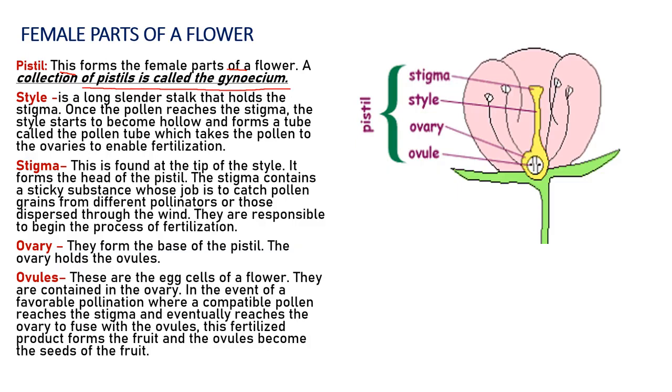Here you can see the pistil is made up of stigma, style, ovary, and ovule. The style is cylindrical, right? At the time of germination of the pollen grain, this style becomes hollow, right? And the ovary, as you can see, is the outer part. Inside the ovary you can see ovules, and the future of the ovules is nothing but seeds, right? We have already discussed this.